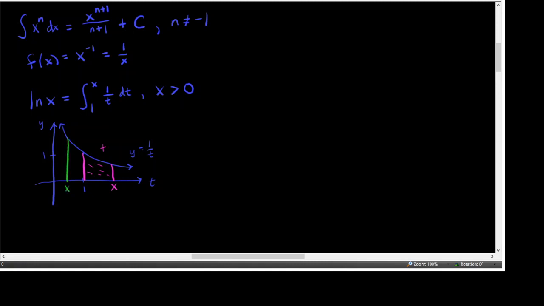Now, on the other hand, for x's that are positive but less than 1, if this is where x is, then when we find that integral, it's going to be a negative answer.